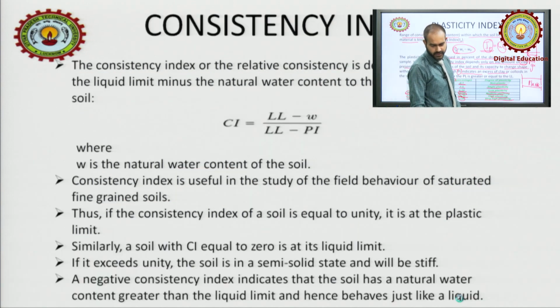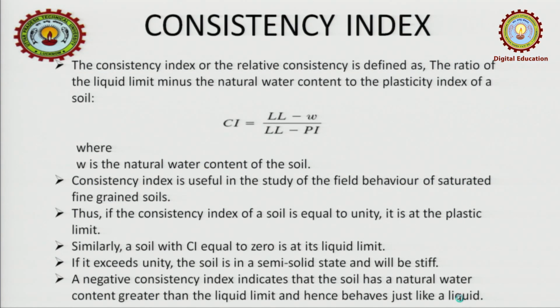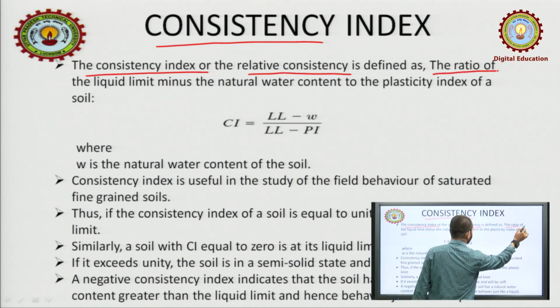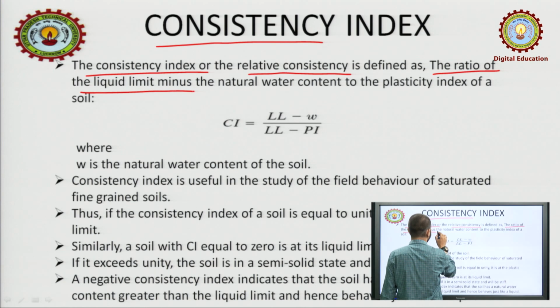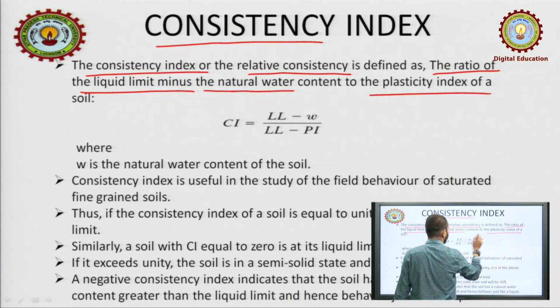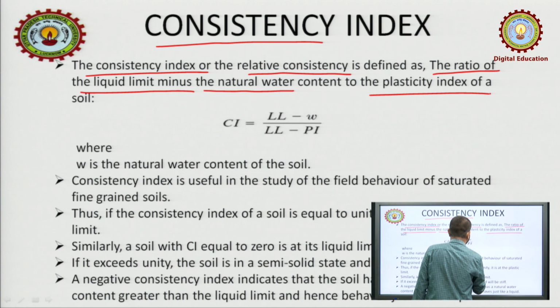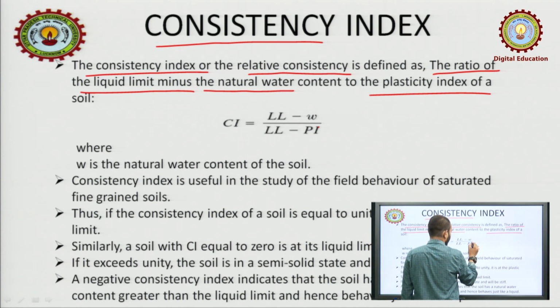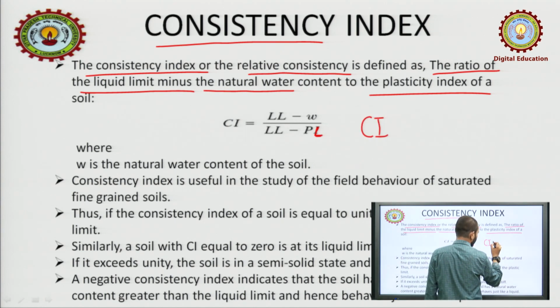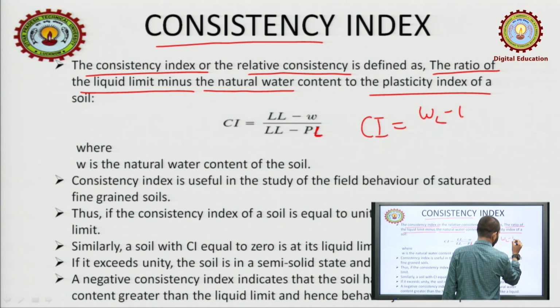Now, let us go to the next index, that is your consistency index. What is consistency index? You already know what consistency is. According to that, the consistency index, or the relative consistency, is defined as the ratio of the liquid limit minus the natural water content to the plasticity index. Ci you can write as WL minus WN upon WL minus WP.